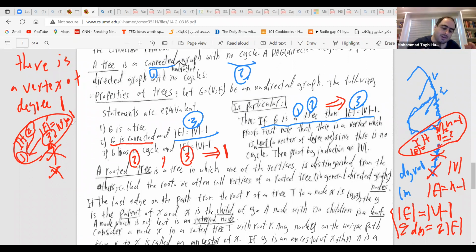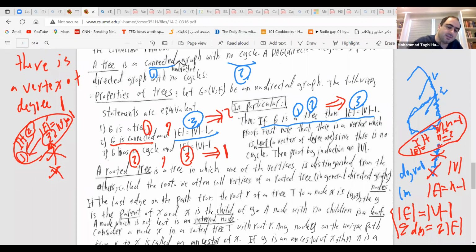Again, we are going from a graph with n vertices to a graph with n minus 1 vertices. So the proof for this one is also very similar: 1 and 3 implies 2. It is exactly the same thing.